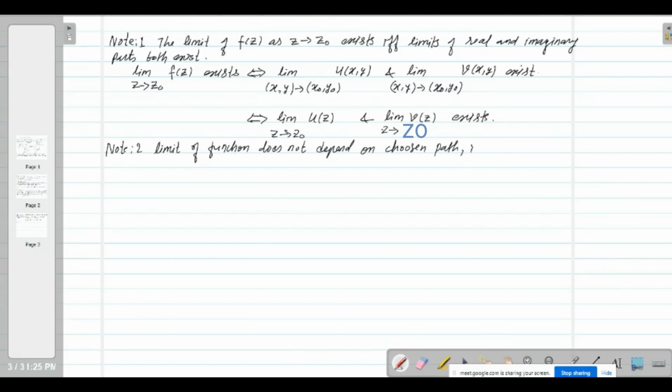If the limit depends on the path, if so, then the limit of the function does not exist.